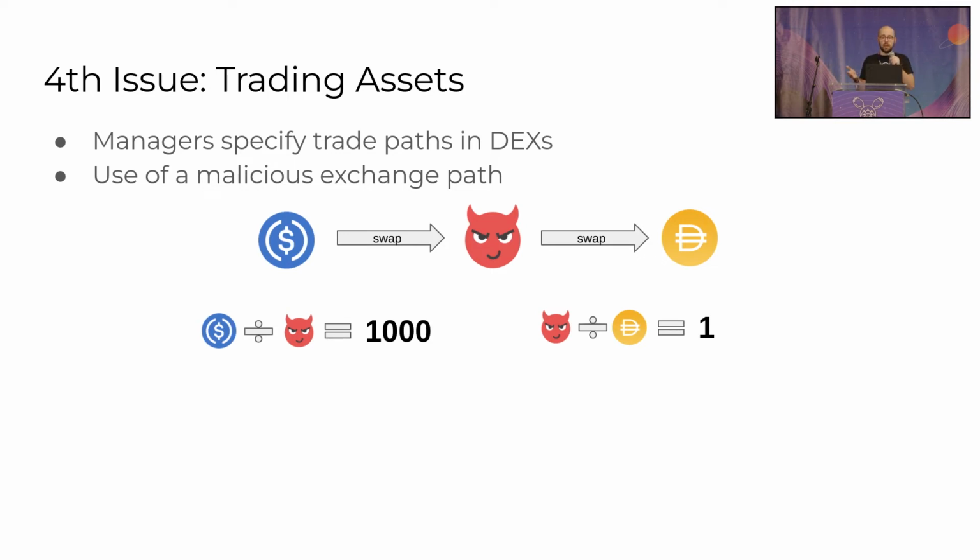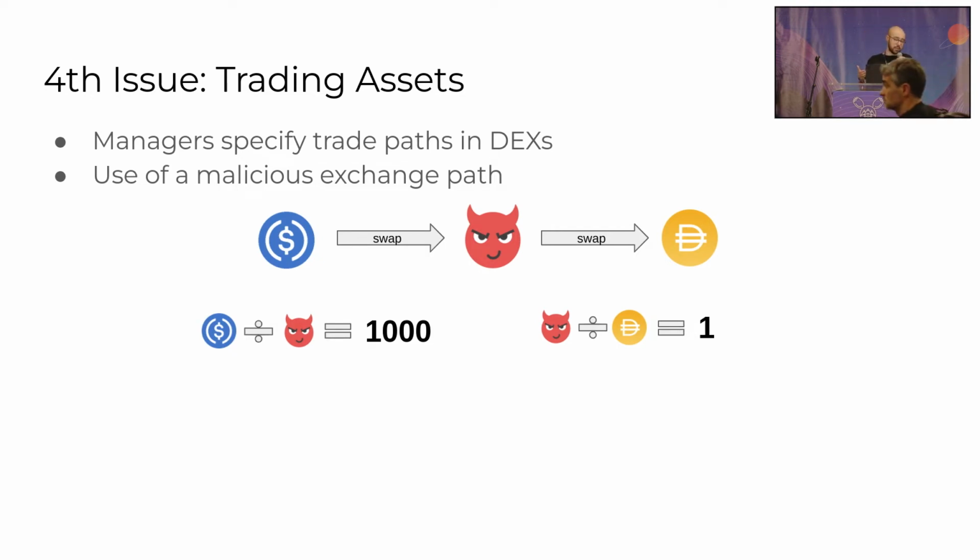You'll know that USDC and DAI both are stable coins that are pegged to $1. But what happens if the manager creates a malicious token and defines a path that includes this token? It can make the first pair think that the malicious token is worth, for example, 1,000 times more than USDC. So if we give 1,000 USDC, we will only get back one malicious token.